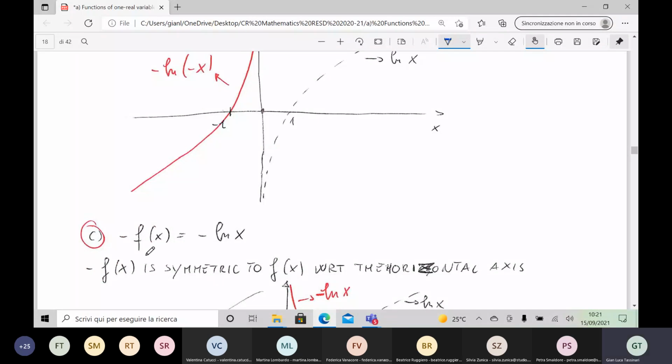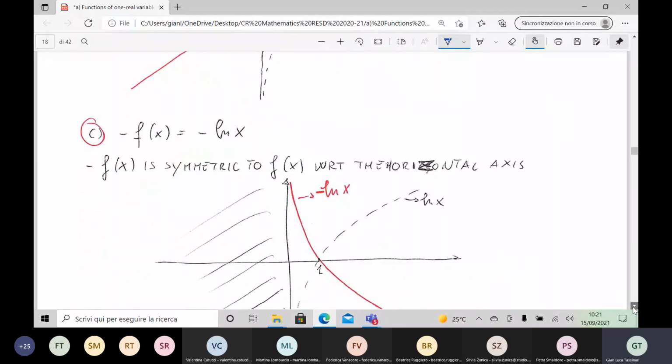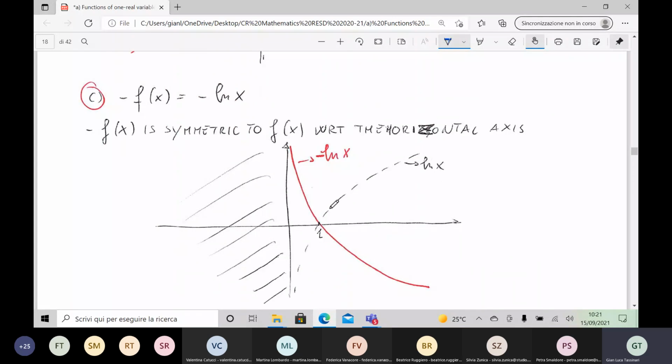which is the relationship between f of x and minus f of x. So we need to plot the graph of minus logarithm of x. Well, look with me. First, in black, I plotted with a non-continuous line the graph of logarithm of x. Which is the relationship between logarithm of x and minus logarithm of x?